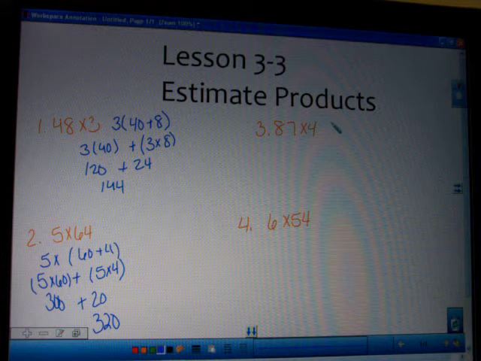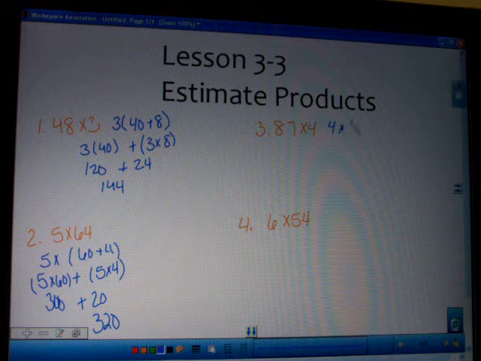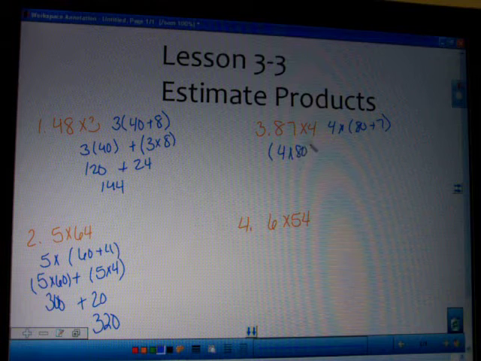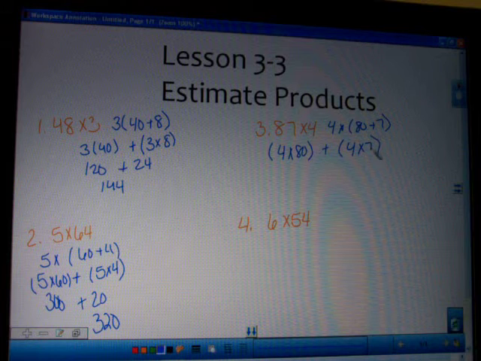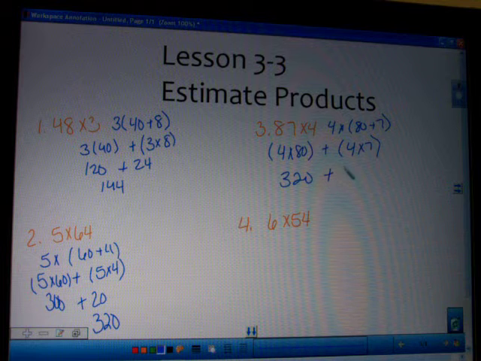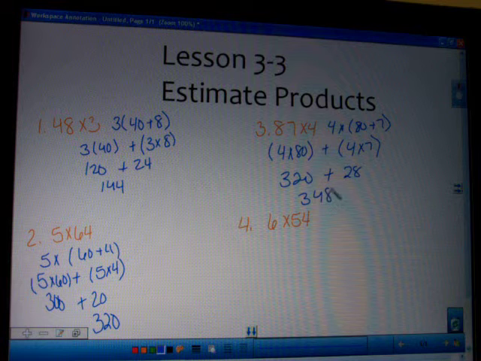Now for 4 times 87, this is 4 times 80 plus 7, and rewrite it so that it's 4 times 80 plus 4 times 7. 4 times 80 is 320, plus 4 times 7, which is 28, and that equals 348.